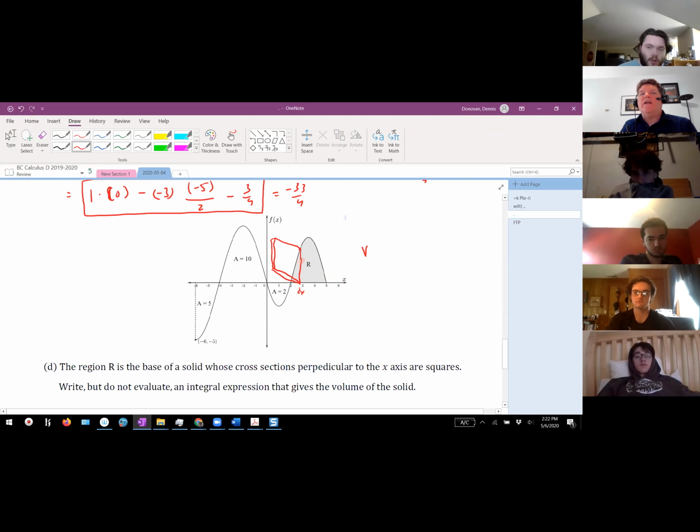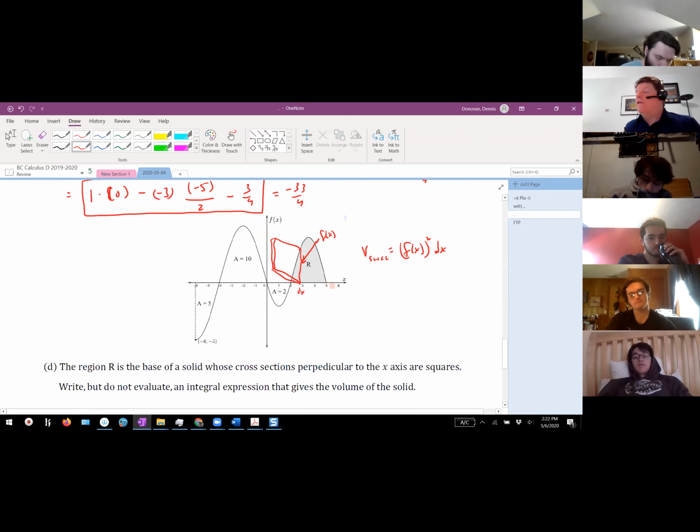What is the side of the square? f of x. What's the volume of the slice? f of x squared times dx.